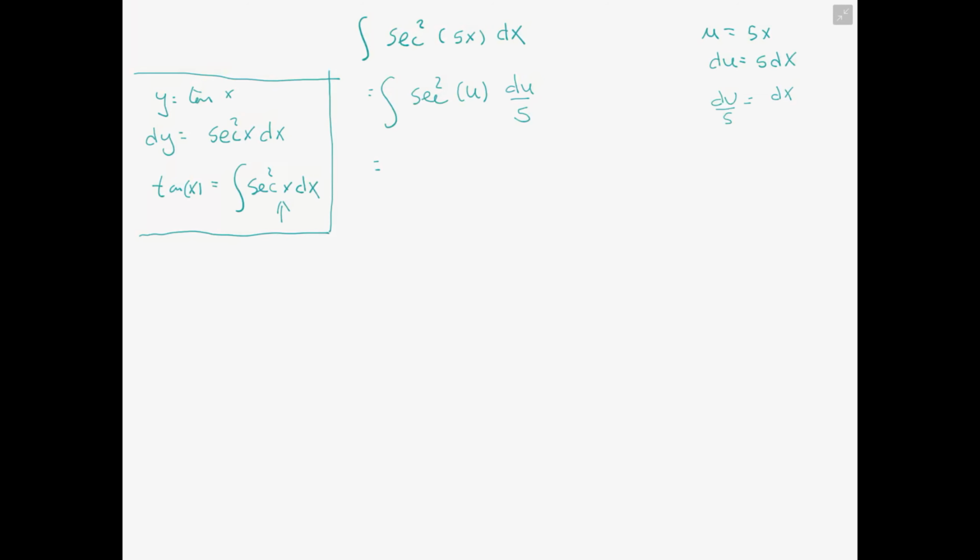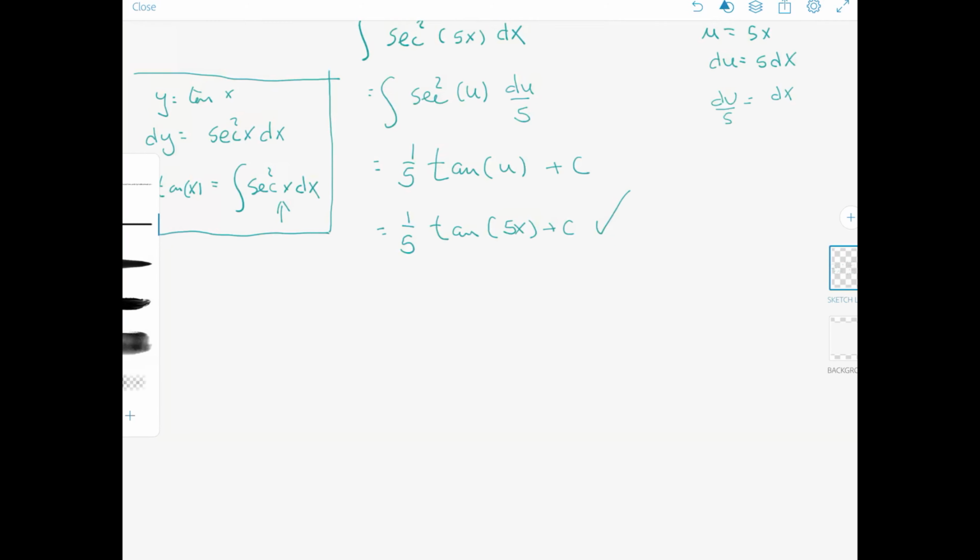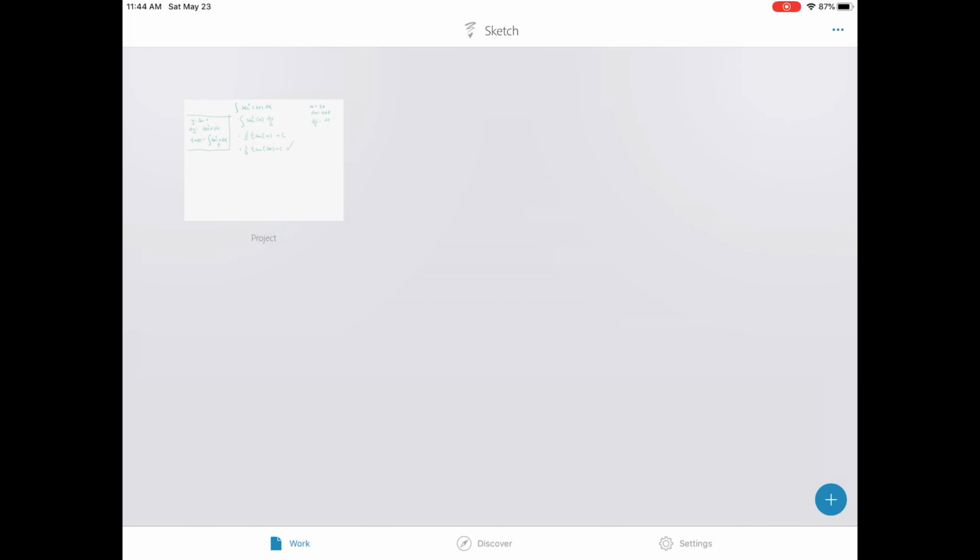And we know what the integral of the secant squared is, so we have 1/5 tangent u plus c, and then we put u back in, 1/5 tangent 5x plus c. And that's our answer.